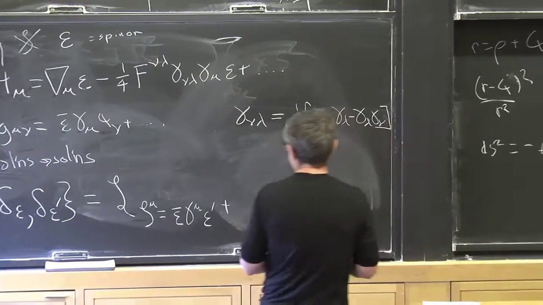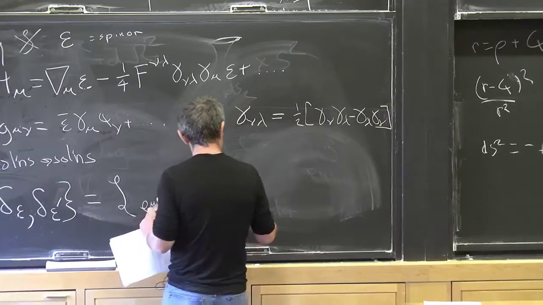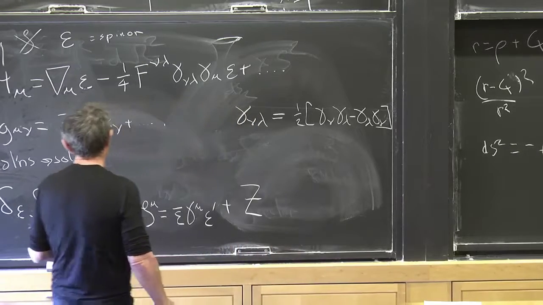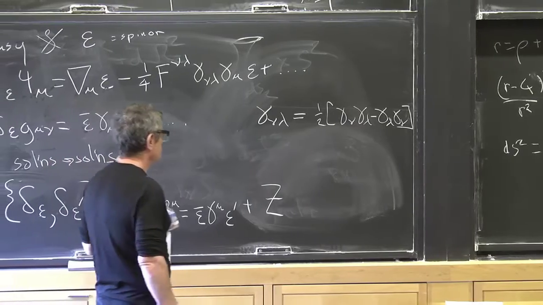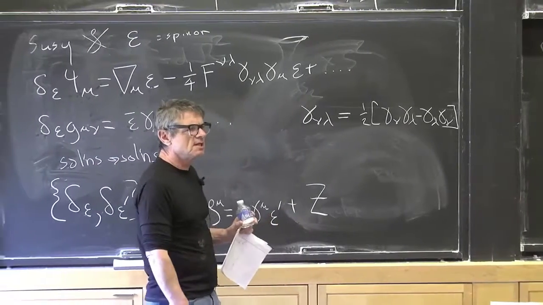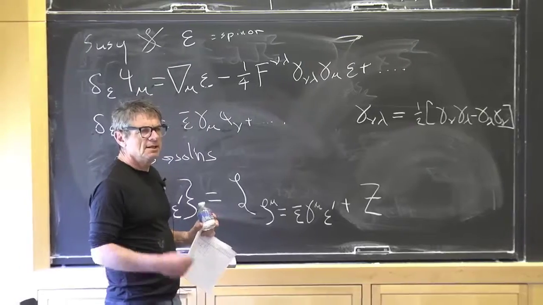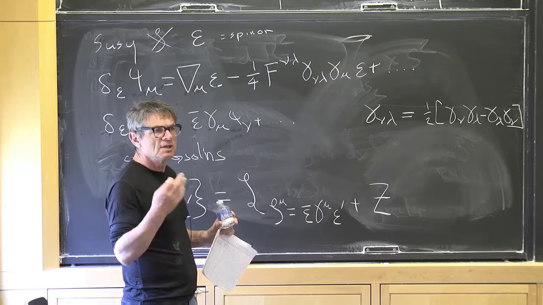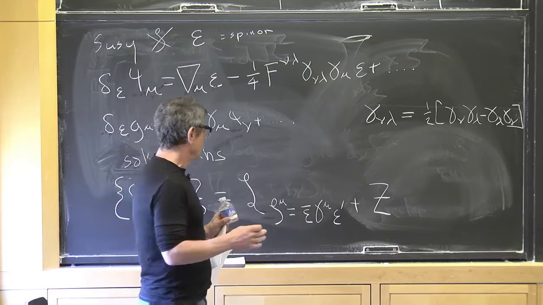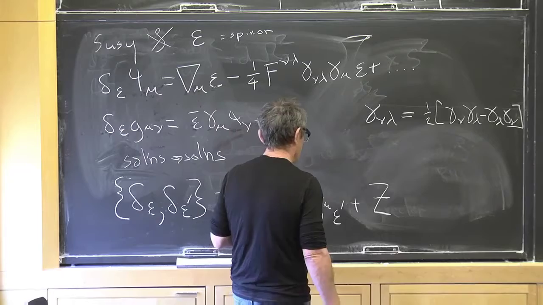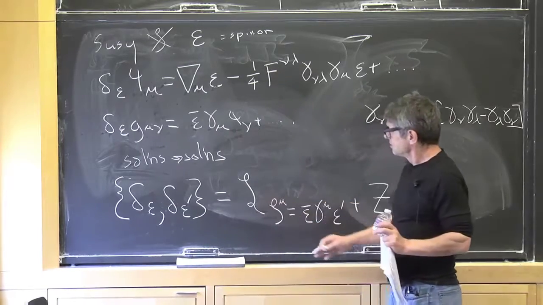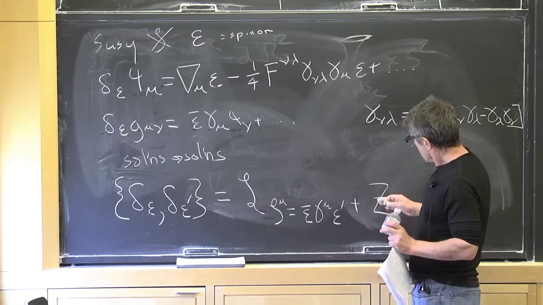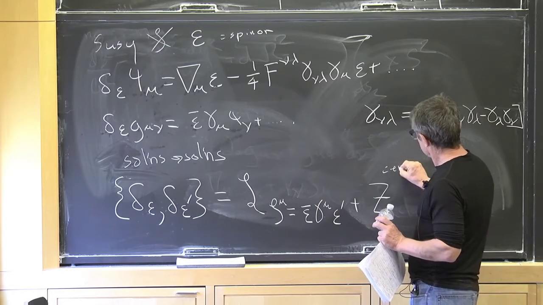Oh, yeah. So there's one more term here in general, which is allowed just by algebraic conditions. It's called the central charge Z. And it has to commute with everything. Just for the algebra to close, it has to commute with the supersymmetry transformations and the coordinate transformations. And this is the central charge.